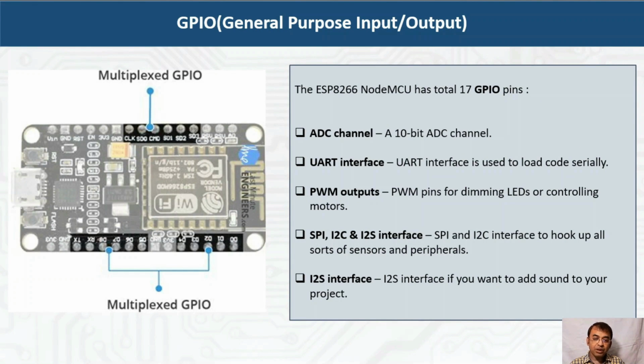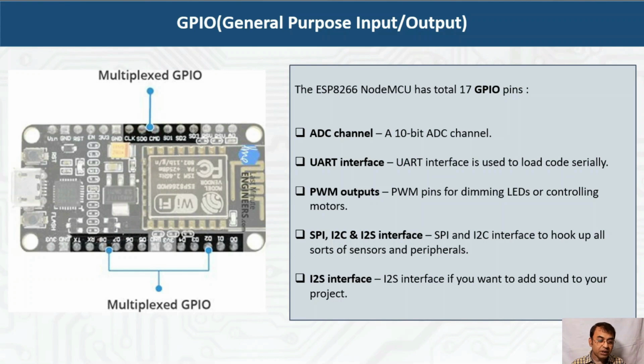Now the GPIO, general purpose input output. The ESP8266 NodeMCU has a total of 17 GPIO pins. GPIO pins means general input output pins. In this we have an ADC, analog to digital converter channel, a 10-bit ADC channel, and a UART interface.